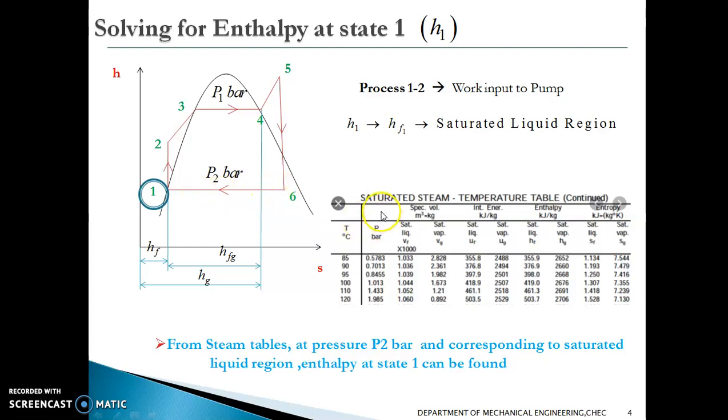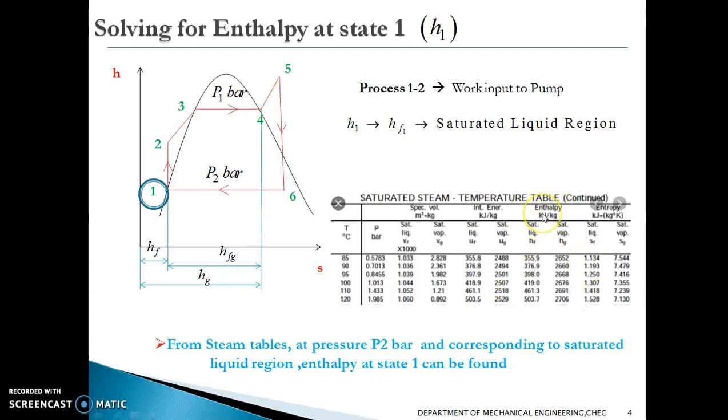So we have to go to the saturated steam tables and, at a particular P2 bar pressure, for example atmospheric pressure or 1.013 bar, the hf value, 419 kilojoule per kg, is the value of enthalpy at state 1. The values of enthalpies are given in kilojoule per kg since it is specific enthalpy.